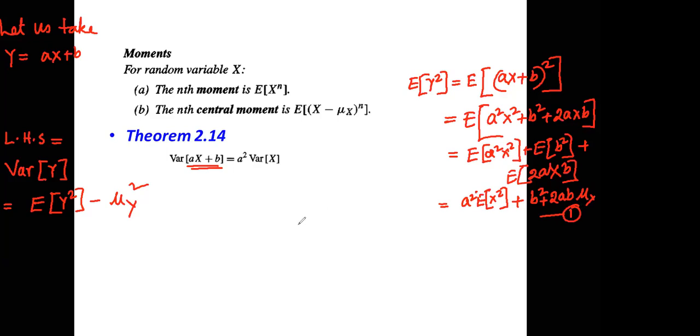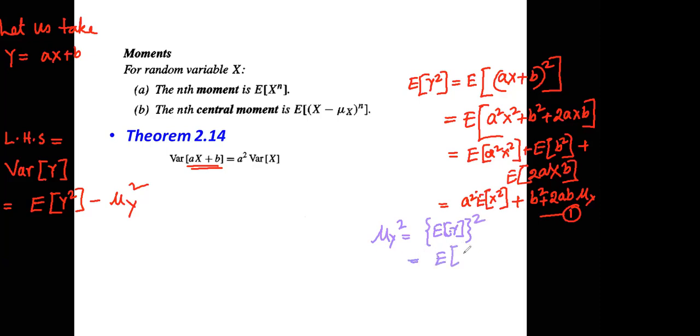Now, what about this mu y square? What is mu y? Mu y is the expected value of y, so mu y square is the expected value of y whole square. And what is the expected value of y?